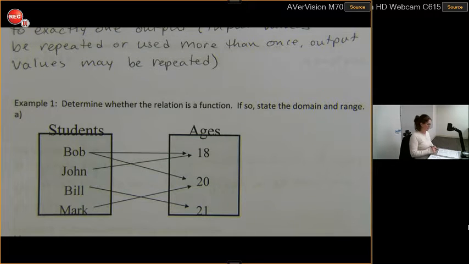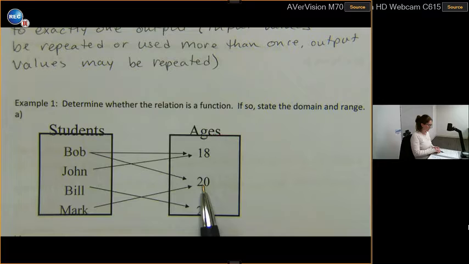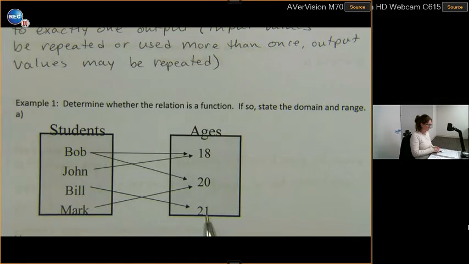Our first example, our input are the students, our output are the ages. So I have student Bob, age 18 and 20, student John, age 18, Bill, 21, and Mark, 20.